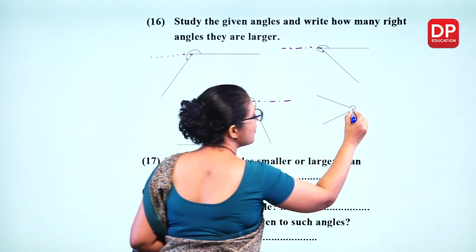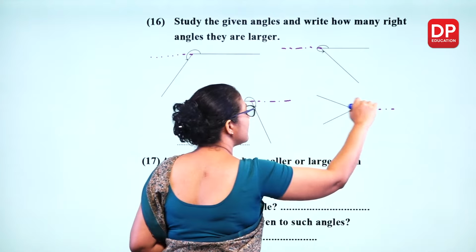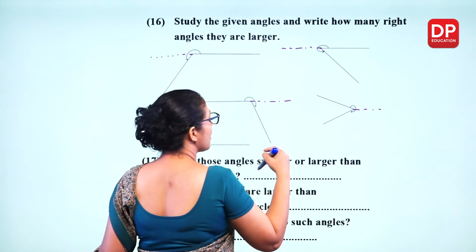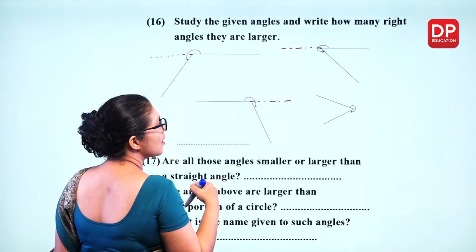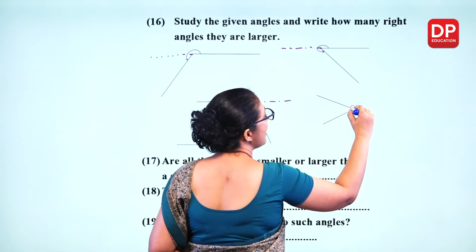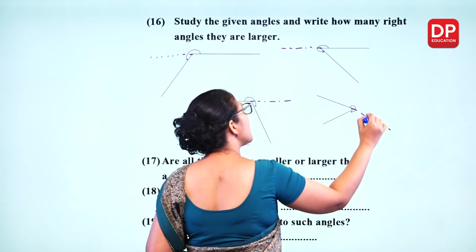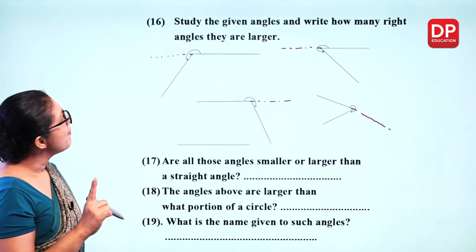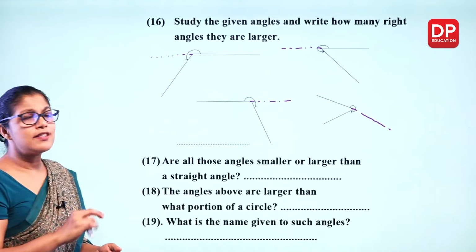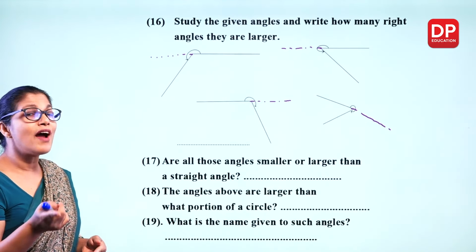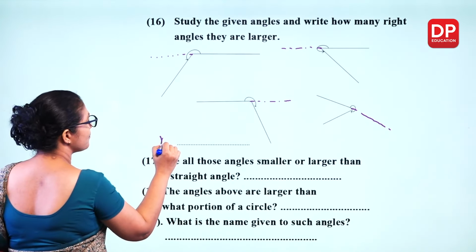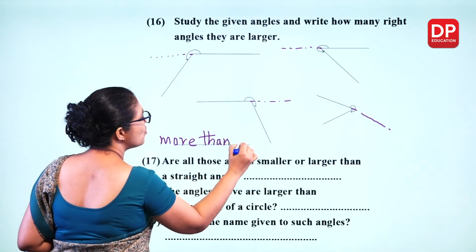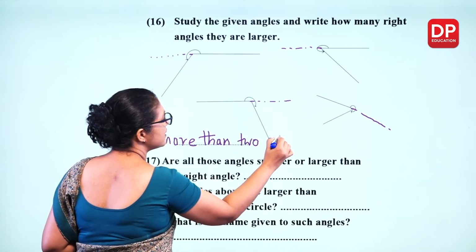What about this one? When you draw the straight line here, you get more than that. So what can you say about this one? This is more than 2 right angles.